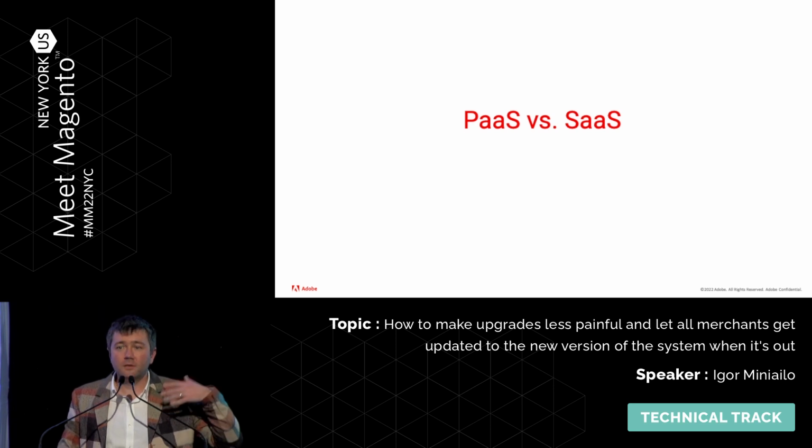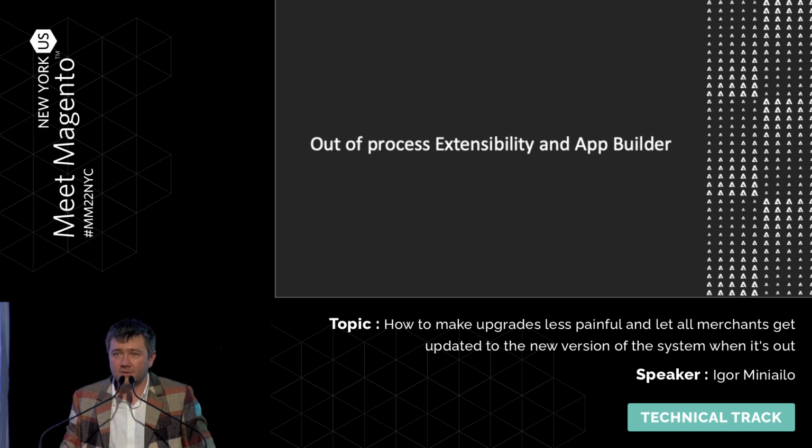So our ultimate goal, as the architectural team of Adobe Commerce, is to get the best of both worlds: to get extensibility, but along with that to provide SaaS-like upgradability. Let me describe now how we are going to achieve it.